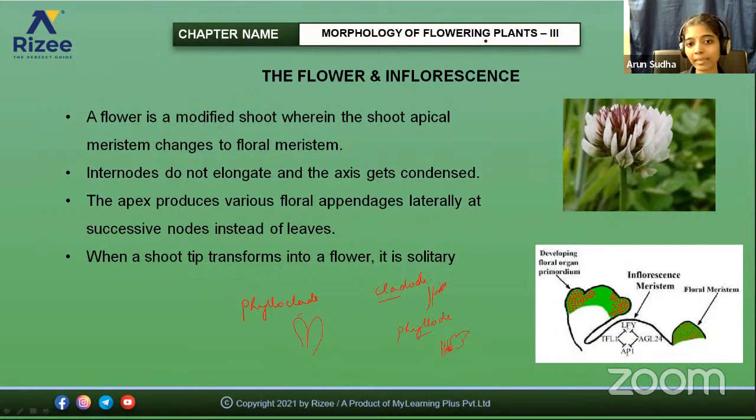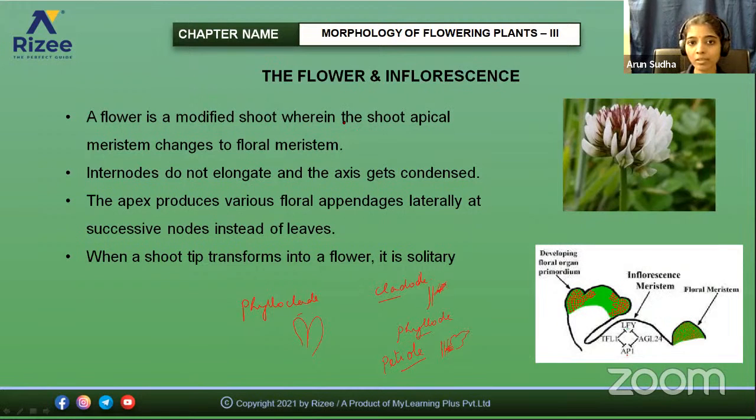The petiole will be like a leaf-like structure in the case of phyllodes. And this petiole functions like a normal leaf in the case of phyllodes. Is it clear? In the case of phyllodes, the petiole forms leaf-like and it behaves like a normal leaf. But here the normal stem will be present in the case of cladode, and these branches form leaf-like structures in the case of cladode. So that is the main difference.